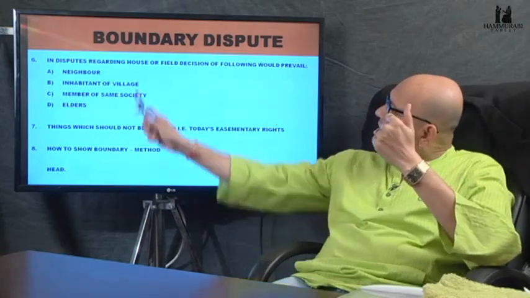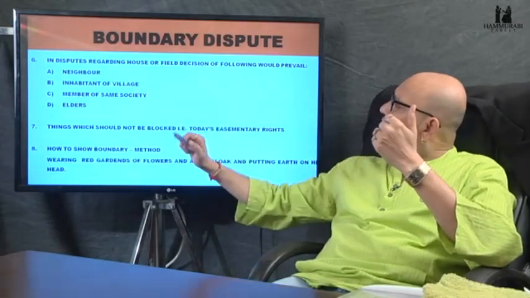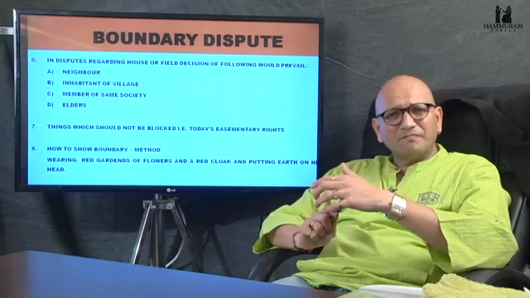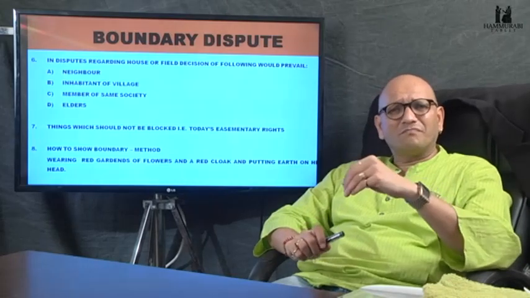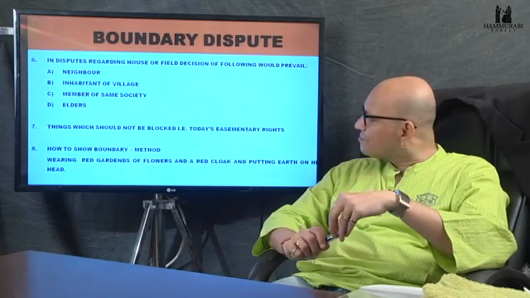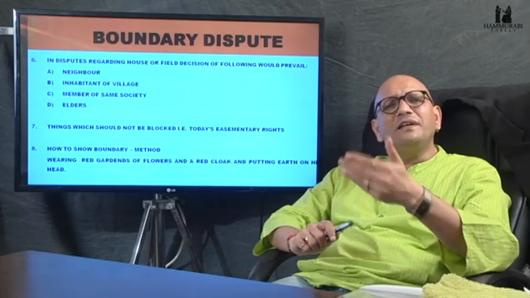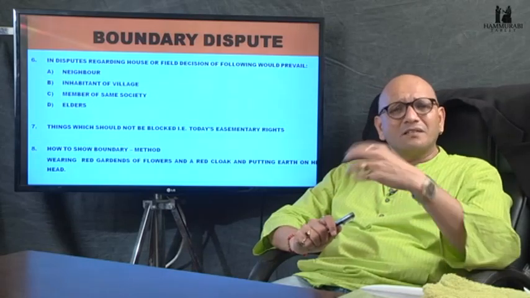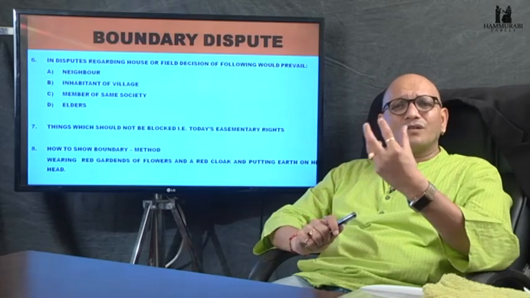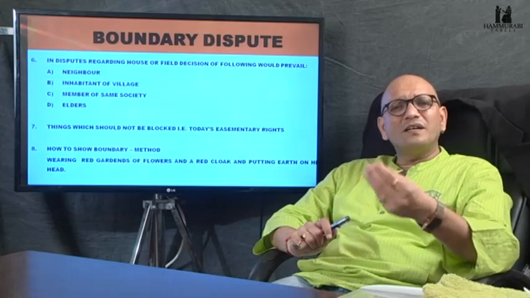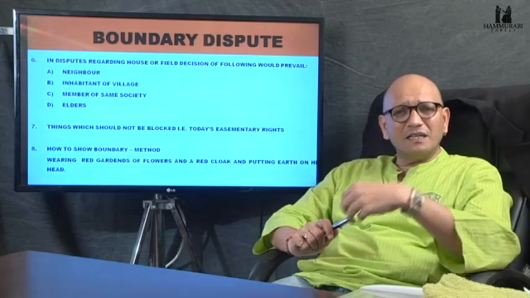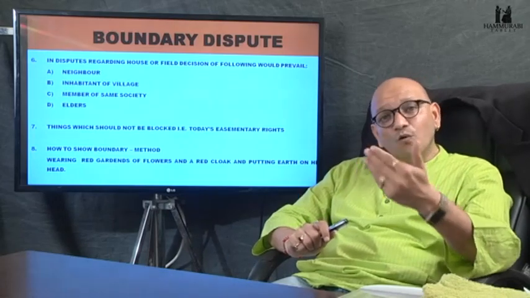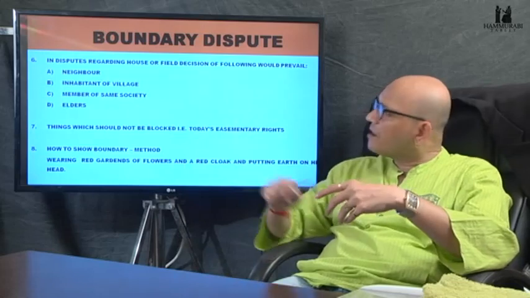Then we have, in disputes regarding a house or field, the decision of the following would prevail. For example, there is a dispute regarding a house or a dispute regarding a field. Who should be the proper persons whose statements or whose witness should be a proper witness? That is being defined, and let us see who they are. Neighbor.